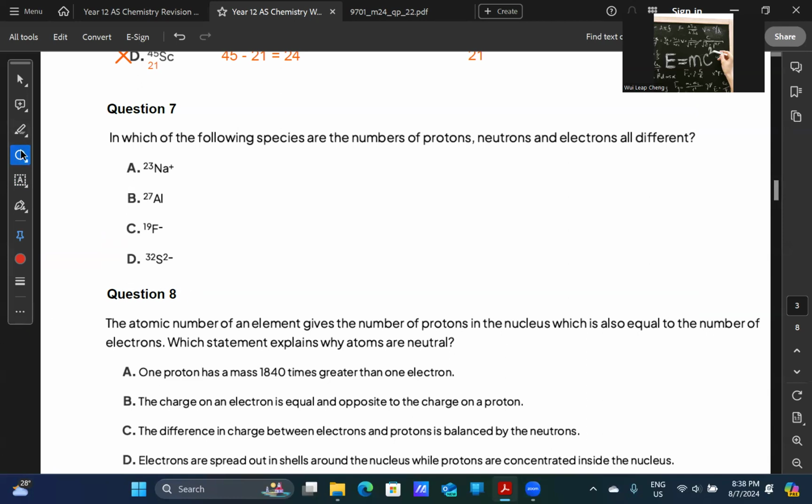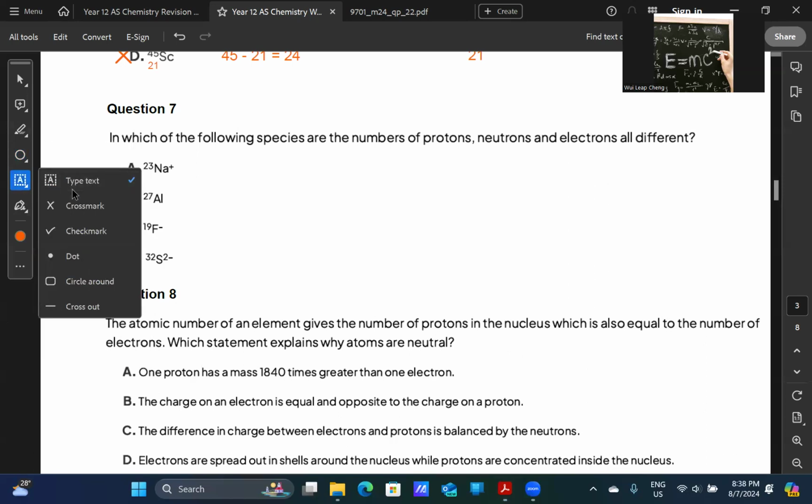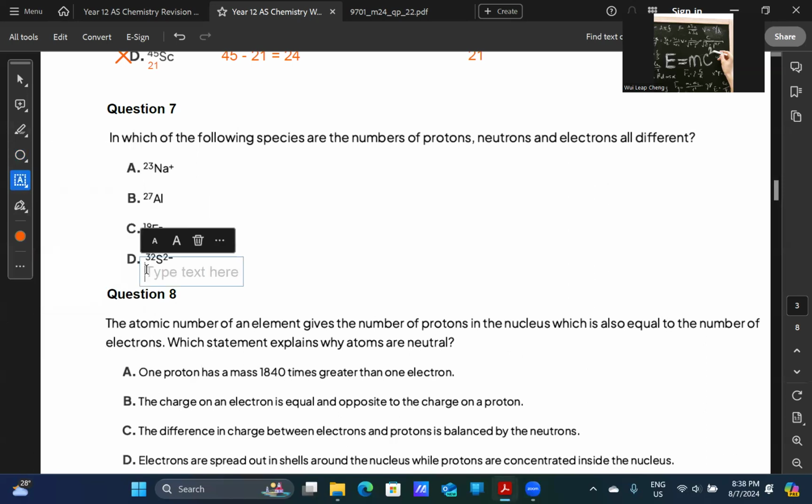Let me fill in the atomic number first, okay? You can check from the periodic table.